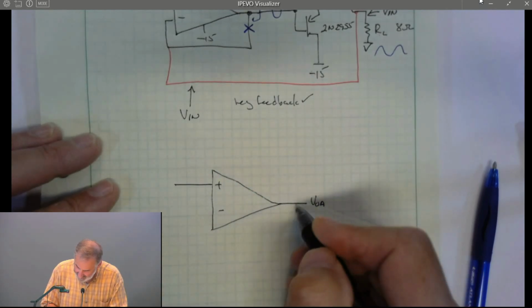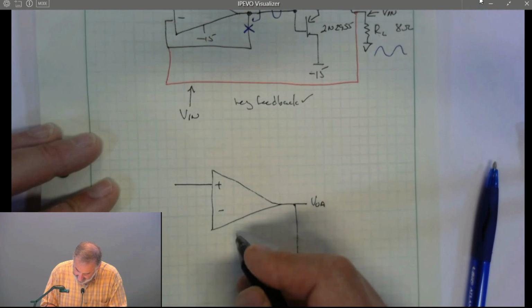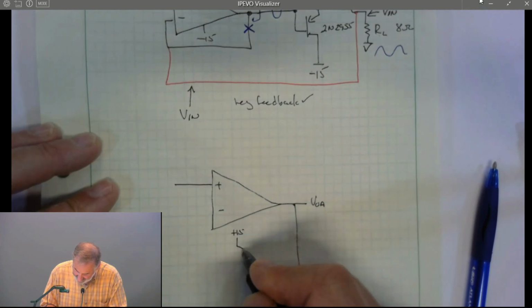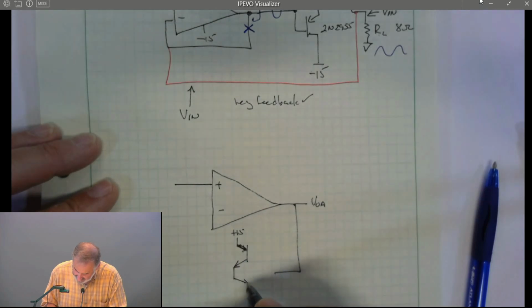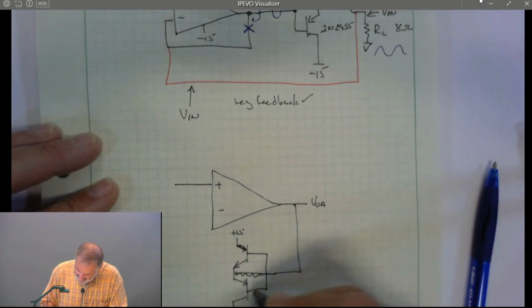Here's the output of the op amp. Doing a very bad job of this.